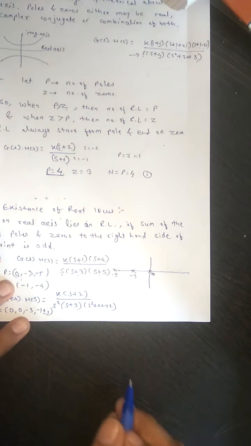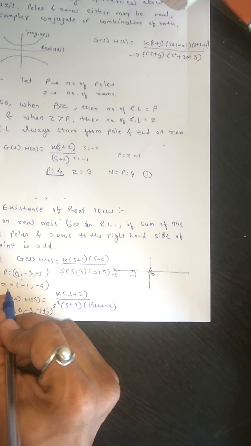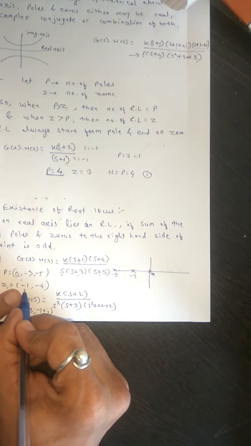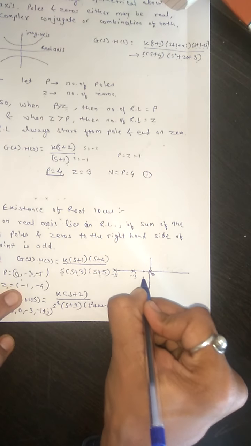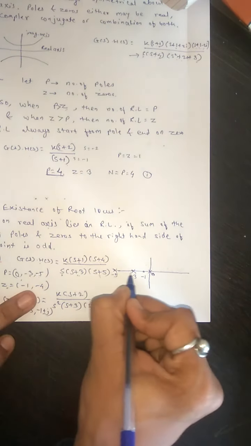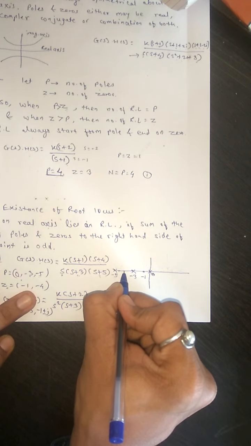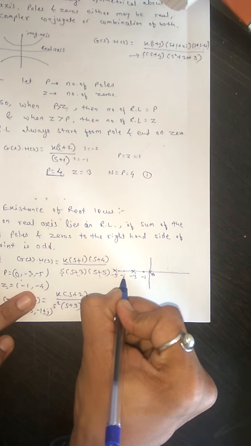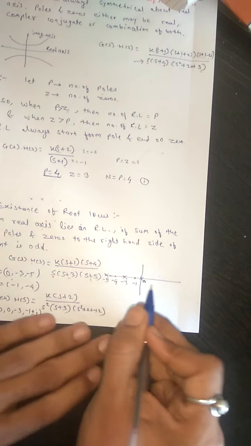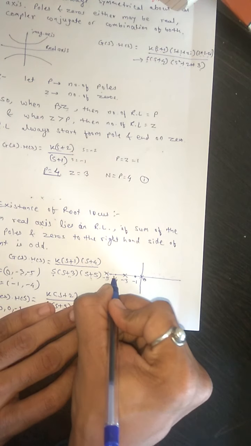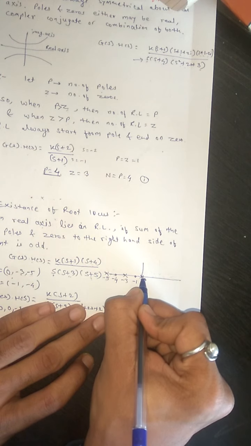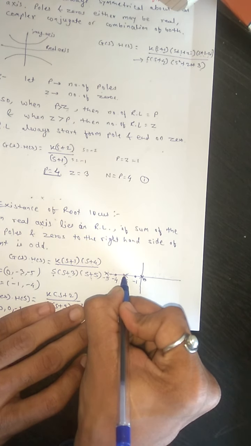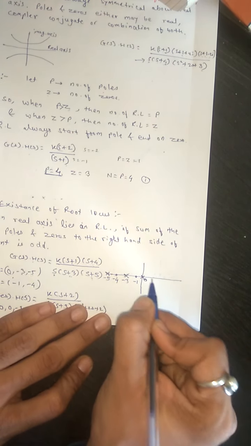This cross indicates these are the poles, and the zeros are minus 1, suppose this is minus 1, and minus 4 will be between minus 3 and minus 5. We mark our zeros by circles and our poles by crosses. Okay, clear?